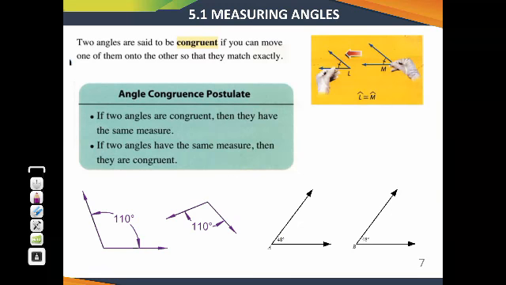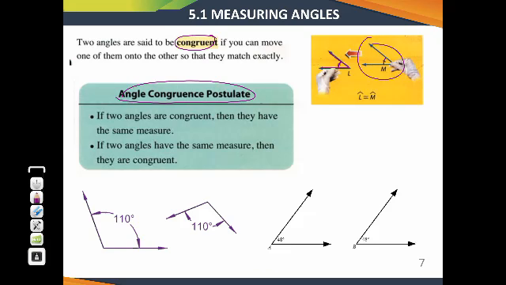Next one, we have congruent. Two angles are said to be congruent if you can move one of them onto the other so that they match exactly. If you move this angle over here and they match exactly, it means they have the same measure, so they are congruent. We have the angle congruence postulate with two parts.